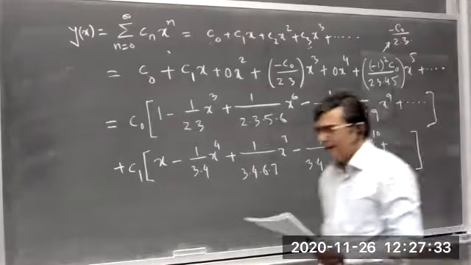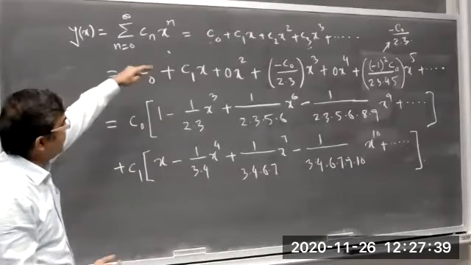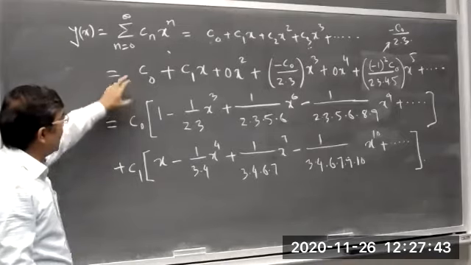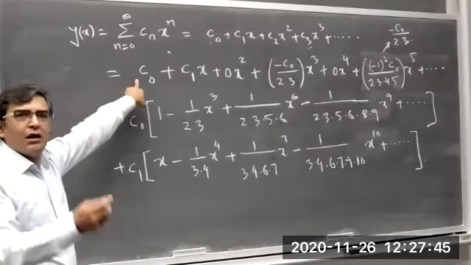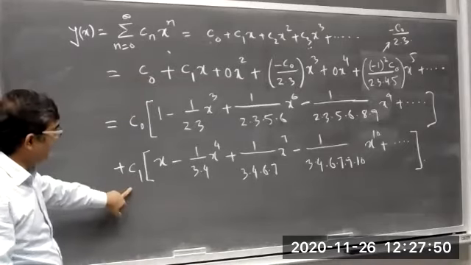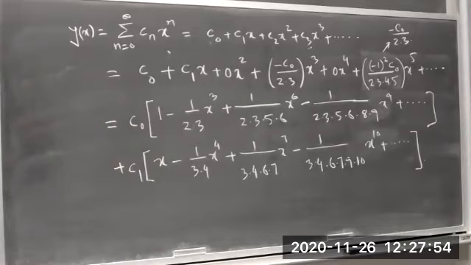So we obtain these two series by rearranging all these terms in this expression. We can take C0 common from some terms and C1 common from the other terms. So we obtain these two infinite series.